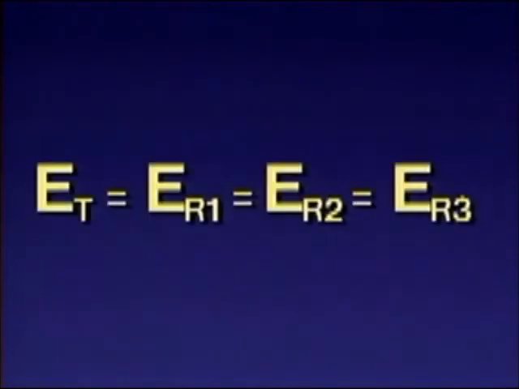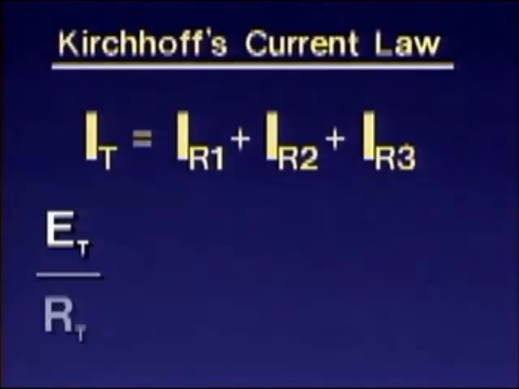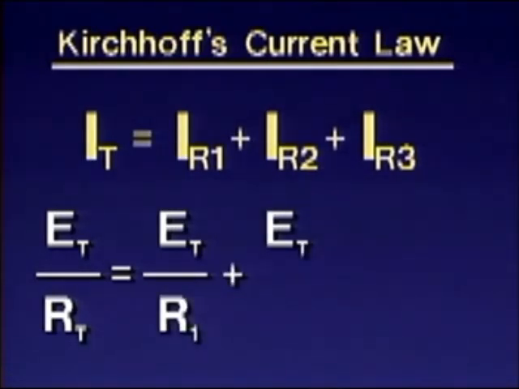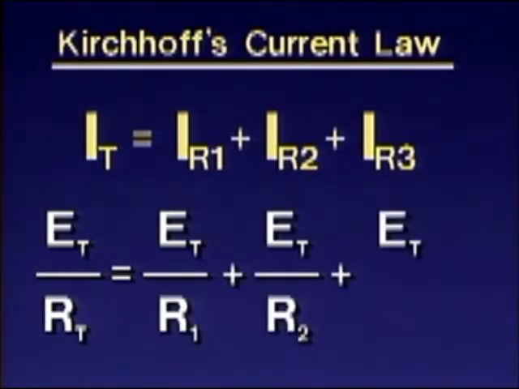As stated earlier, the voltage in a parallel circuit is the same at every point in the circuit. That is, ET equals ER1 equals ER2 equals ER3. By substituting ET for the voltage drops of each of the branches, you now have ET divided by RT equals ET divided by R1 plus ET divided by R2 plus ET divided by R3.